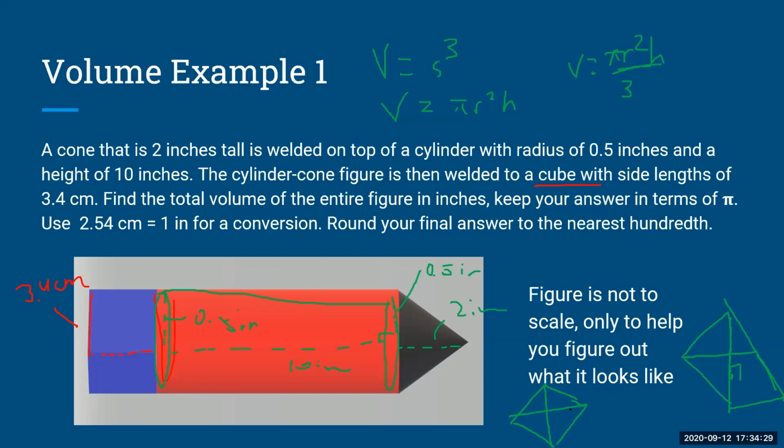Maybe it's an oblique pyramid. 90% sure. What does an oblique pyramid look like? Most pyramids that you see are right pyramids, right? They form right angles. There's a right angle here, here, here, and here.